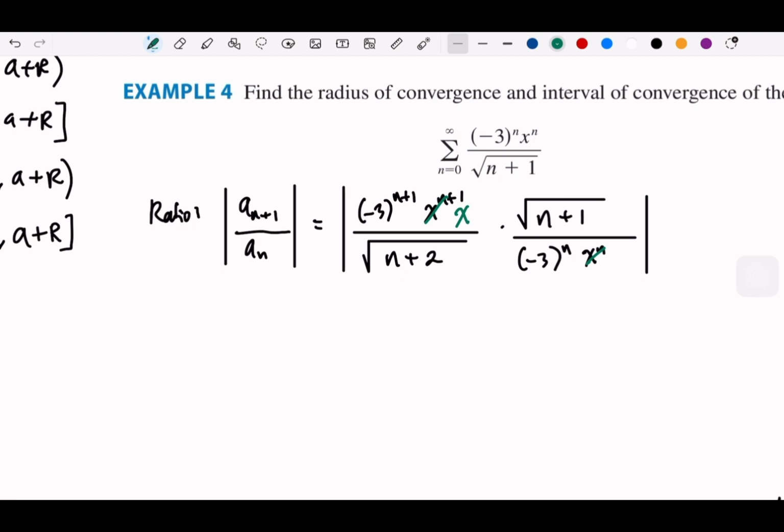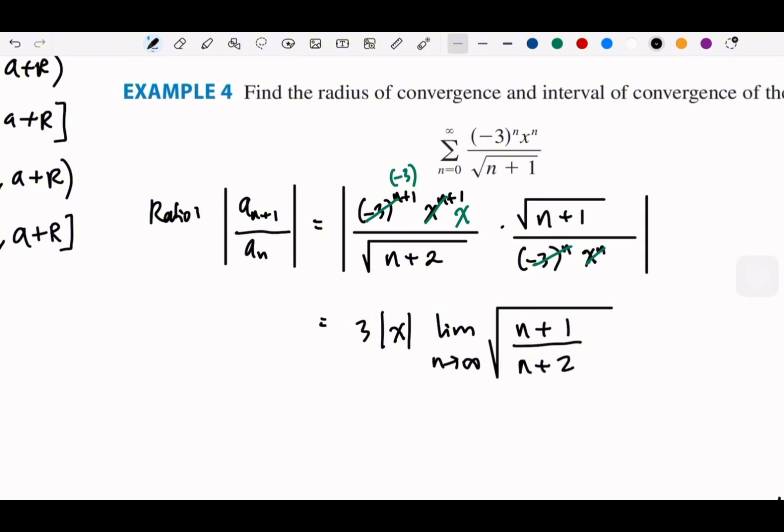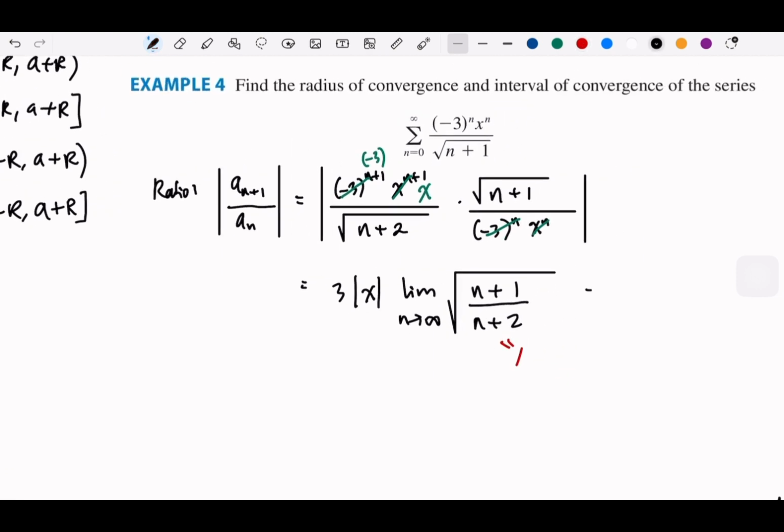And then negative 3 to the power of n we can also cancel. So we have negative 3x, and since it's absolute value, we can write 3x, and then we take the limit for n. And I think you agree that the limit is 1.